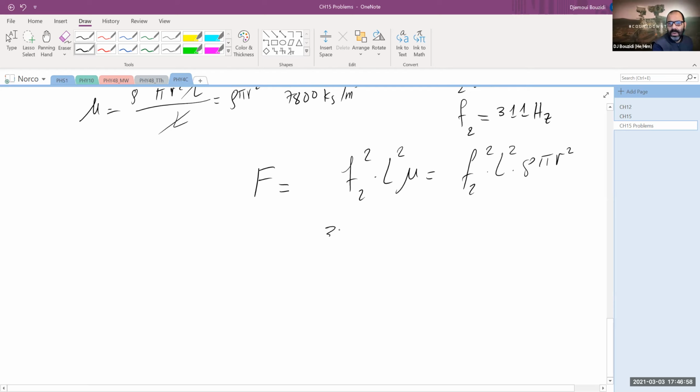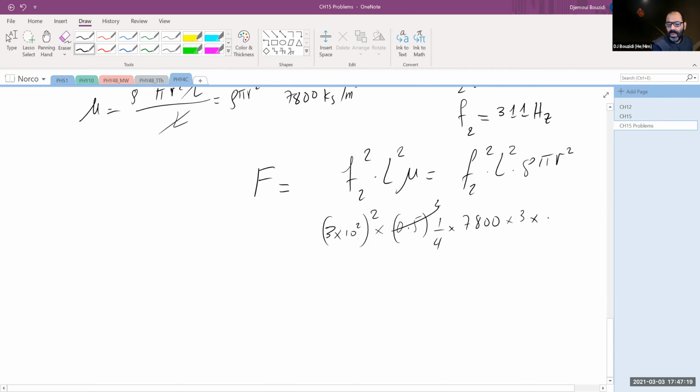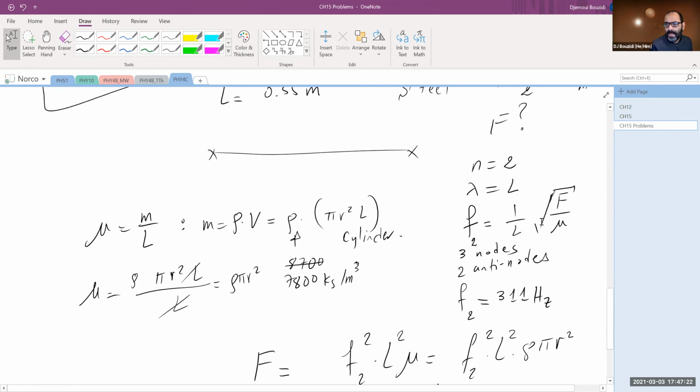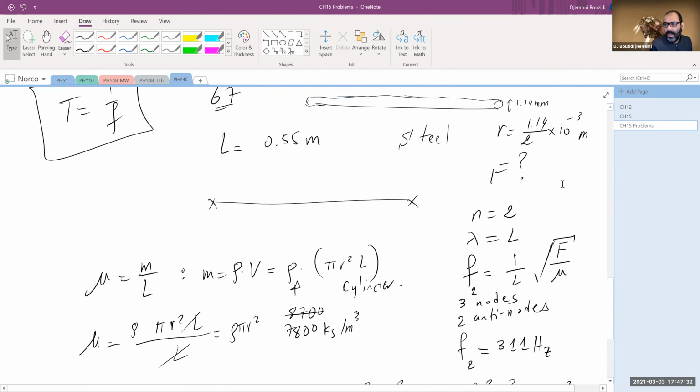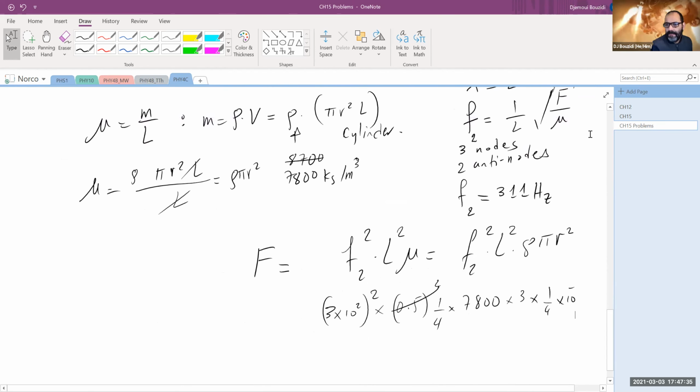So this is about 300 squared, or 3 times 10 to the power 2 squared, okay? I'm estimating these numbers now, times the length, and the length is about 0.5 squared, which is about 1/4, okay? Times rho is about 7,800 or 8,000, times pi, which is about 3, times r squared, and r squared is of the order of 1 divided by 2, which is 1/4 again, times 10 to the negative 6, because this one is squared, okay?